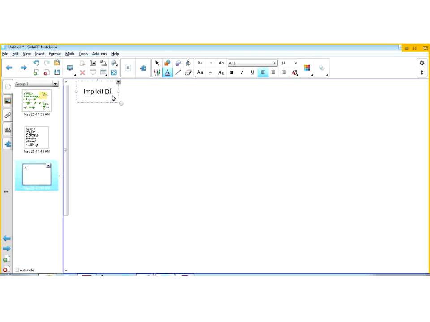Implicit differentiation is used to calculate the derivatives of inverse trigonometric functions. All right, so before we proceed, I need to brief you on what's meant by the inverse of a trig function.